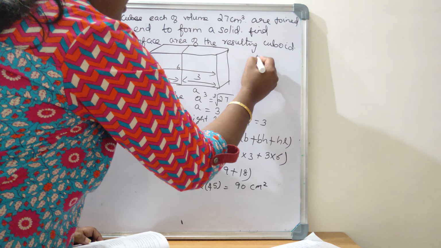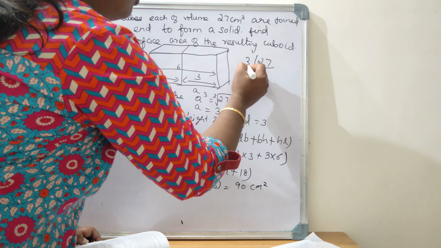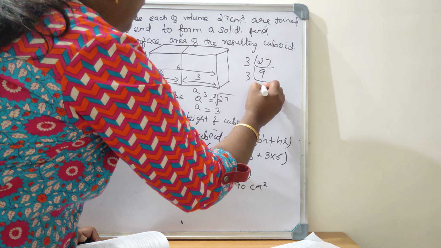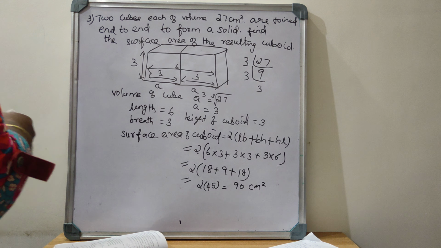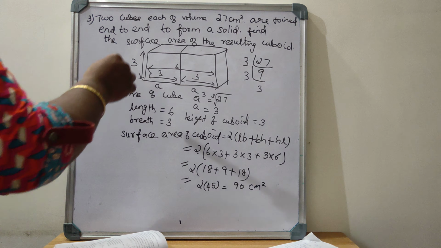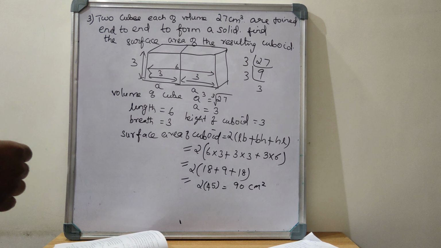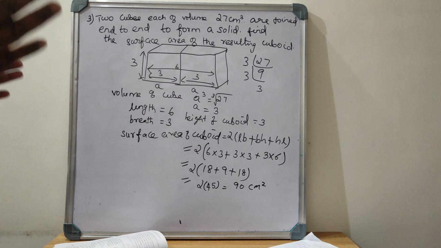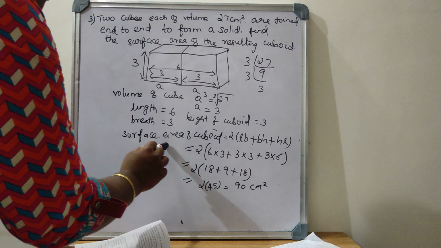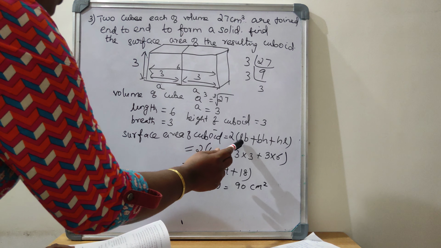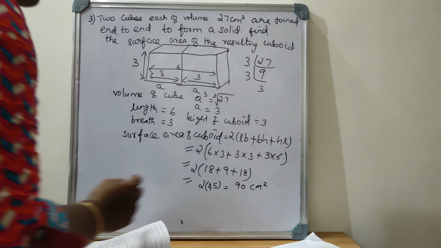I have told you, you can find the cube root by using the prime factorization method. So the length of the cuboid is 6, breadth is 3 and the height is also 3. Because when you are joining n number of cubes, only the length will get varied, not the breadth nor the height. So surface area of the cuboid formula is 2 into LB plus BH plus HL.